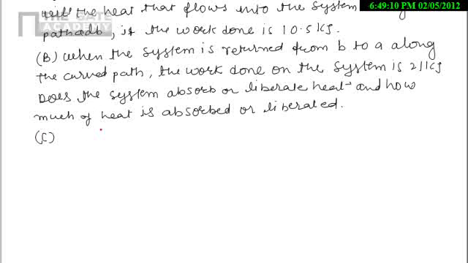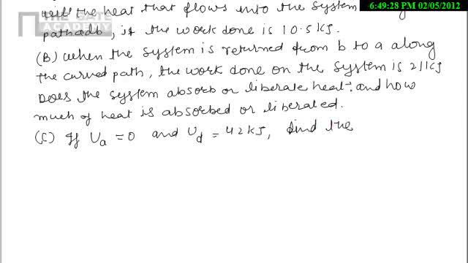Part C, if UA is 0, UA is internal energy at A is 0, and UD is 42 kilojoule.